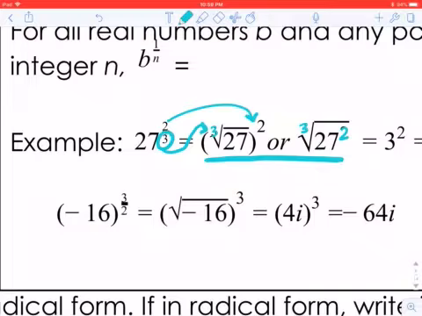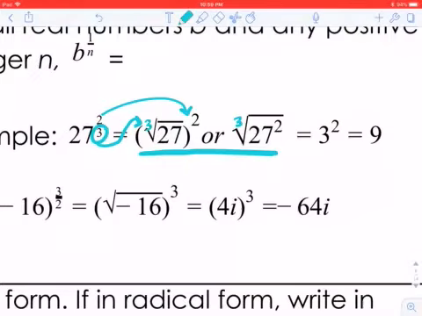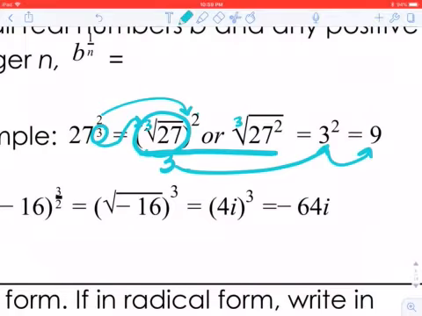Because multiplication and division are the same, we can do whichever one suits us best. So in this case, we know that the cube root of 27 is 3, and that squared, so 3 squared, will become 9.